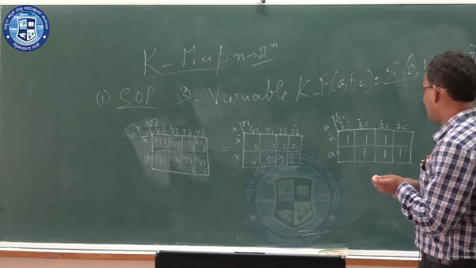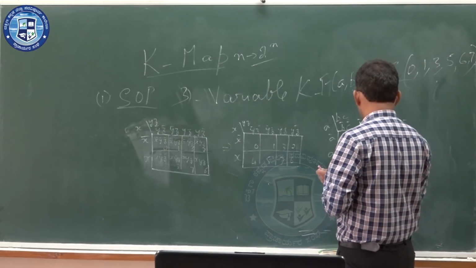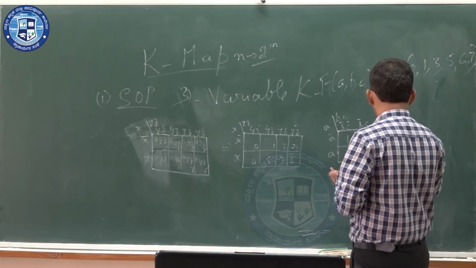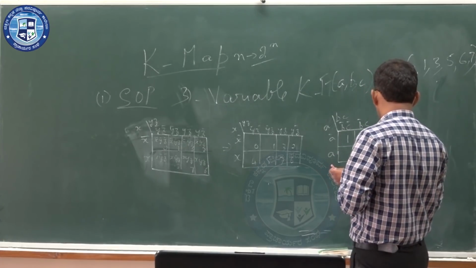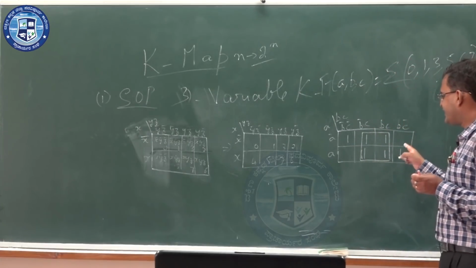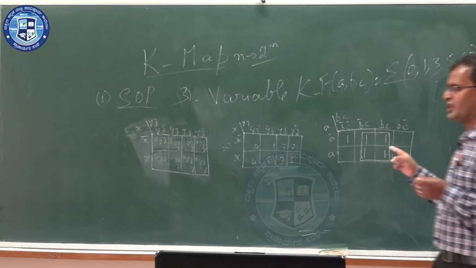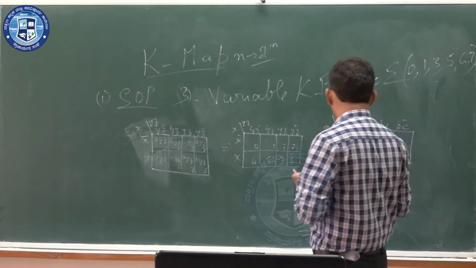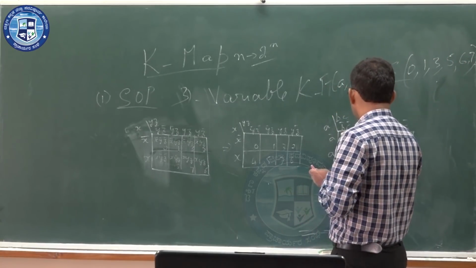And when I map 4 bits, I go for the maximum. I am not able to go for the next 4 bit, so what do I do? I go for the pair.